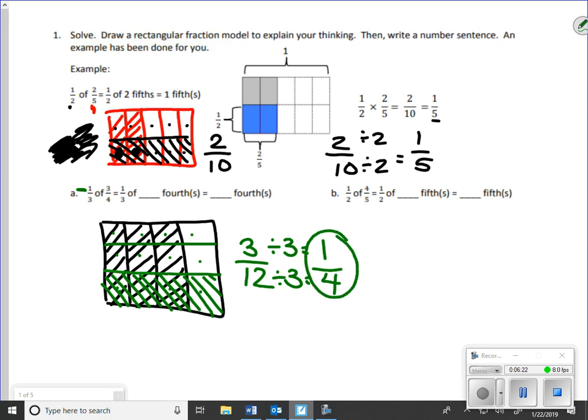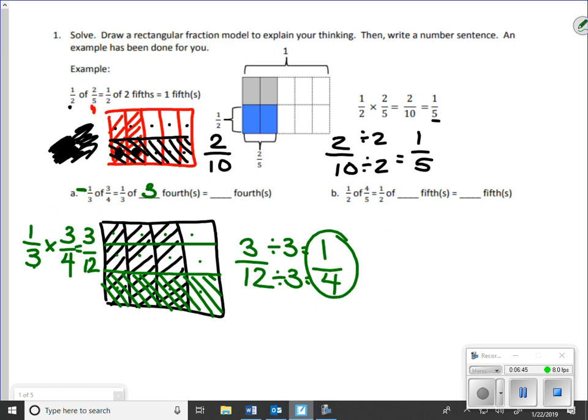Now if you do the standard algorithm, let's see, 1/3 of 3/4. All I want you to do is break it down again. 1/3 times 3/4. 1 times 3, 3. 3 times 4, 12. Same thing.